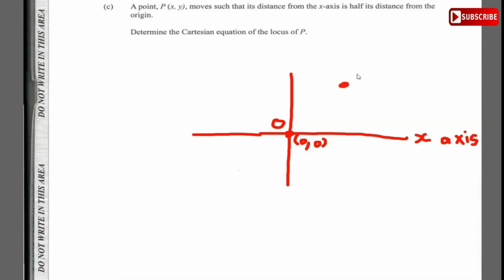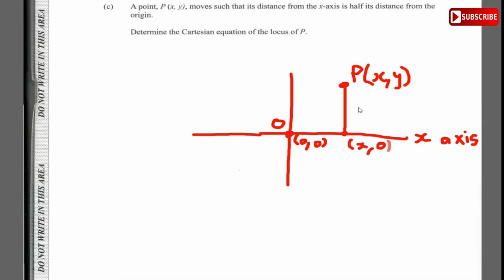Let's say this is the point P, and I know the distance from the x-axis, so this distance from P to the x-axis, P is the point (x, y). The distance of the point P from the x-axis is just y, going from y being 0, because remember this point would be (x, 0), and so the rise will give you the length.